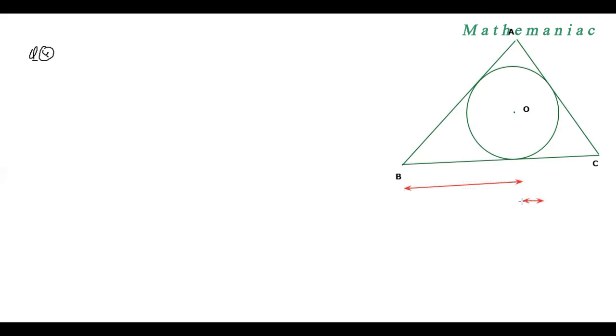These measurements may not be exactly the same as the book. In my figure, I'll consider this as 6 centimeter, this as 4 centimeter. That means the total length of BC is 10 centimeter, right? And this radius is 4 centimeter.